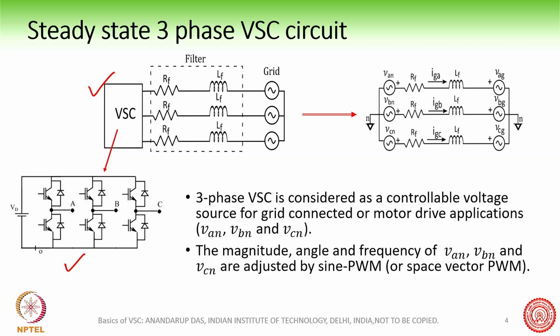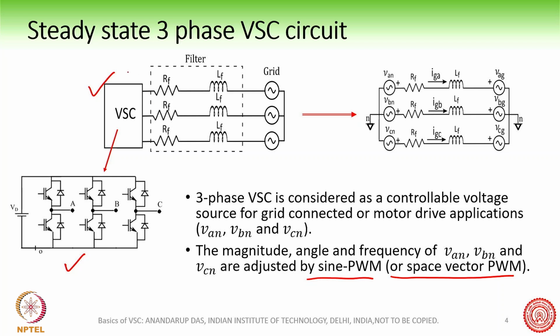There are half bridges working together using, for example, sine PWM. You can also run the VSC with space vector PWM. This is also possible, and we will take it up a little bit later.